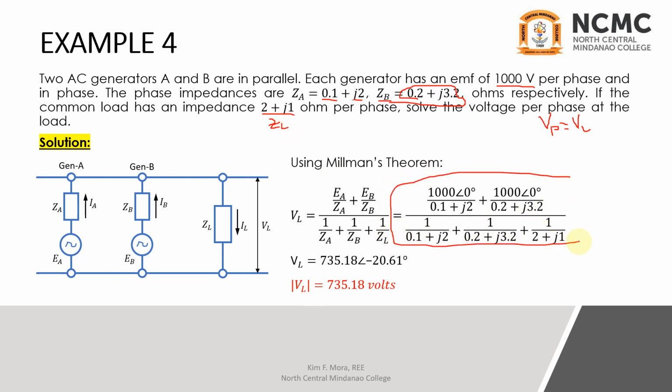So after that, our answer there is 735.18 at angle negative 20.61 degrees, or our voltage sa load is equal to 735.18 volts.